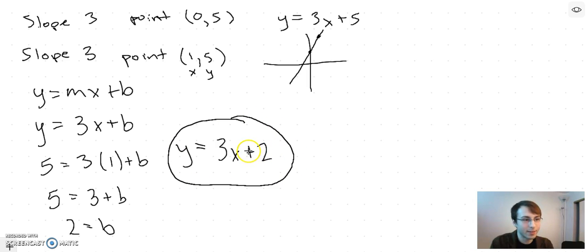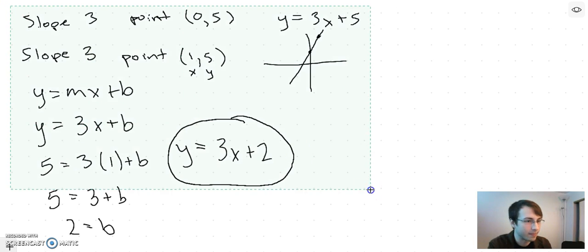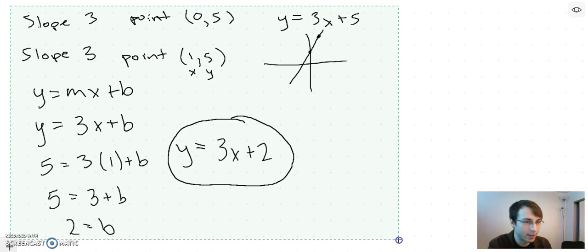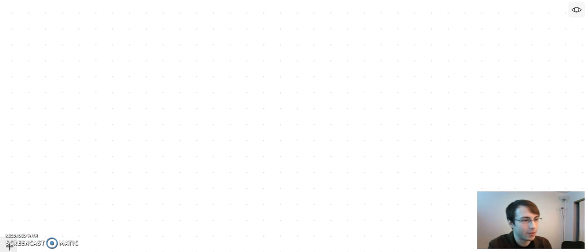Okay, now let's do one more kind of trickier question. Here they gave us the slope. Sometimes they'll just give us 2 points and want us to find the equation just from 2 points, which is harder because we don't know the slope and we probably don't know the y-intercept either, unless they give us a point with the y-intercept.